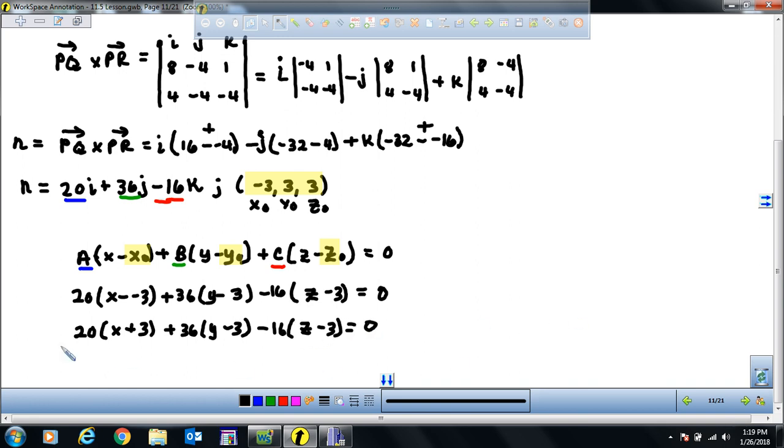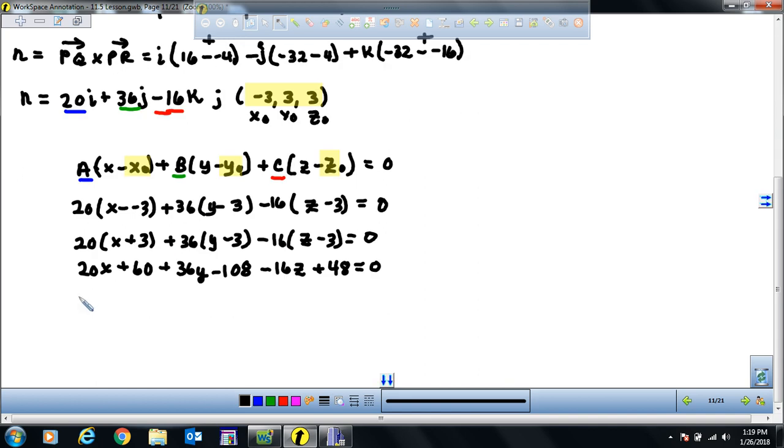Then let's multiply it. So that's 20x plus 60 plus 36y, then that will give us minus 108 minus 16z, then it will be plus 48 equals 0. Then we're going to combine the constants, and I'm going to put the x, the y, and the z on the side.